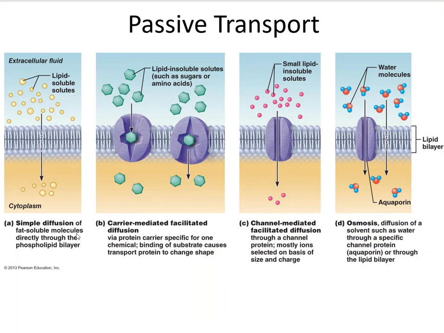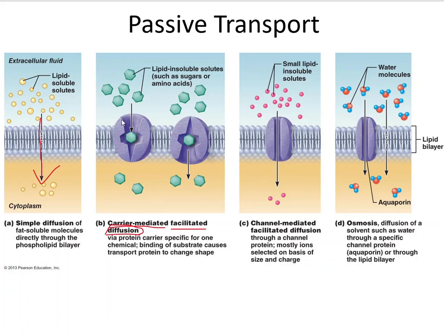Passive transport. Well, simple diffusion. If it's lipid soluble or very small, it'll go right through. Carrier mediated, facilitated diffusion. The key thing on here, guys, is this is still diffusion. It's still moving downhill. So these guys can't go through the lipid membrane.